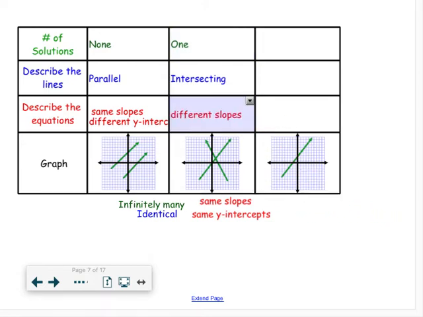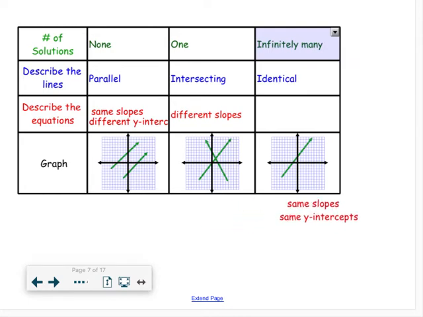And then when you've got only one line in the graph, the lines are identical. There's infinitely many solutions, and that's when everything ends up the same. You can't tell that they're the same usually unless you write them in slope-intercept form. So write them in slope-intercept form, and then you should be able to tell that your lines are identical.